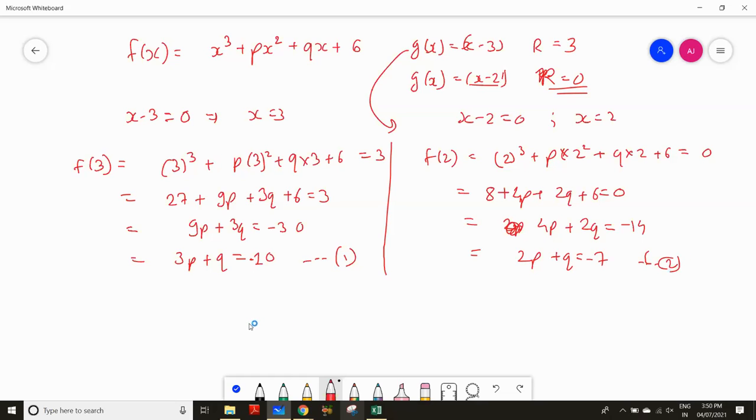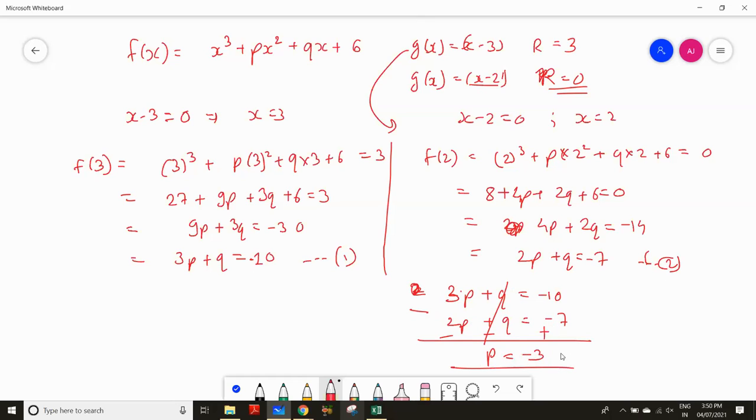Now we will solve it. 3p plus q equal to minus 10, and 2p plus q equal to minus 7. We can see the coefficient of q is the same, so we subtract the equations. q minus q gets cancelled. 3p minus 2p becomes p, and minus 10 plus 7 becomes minus 3.